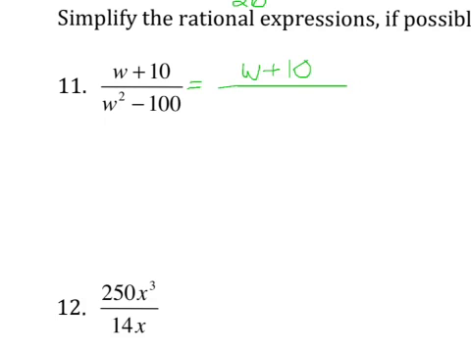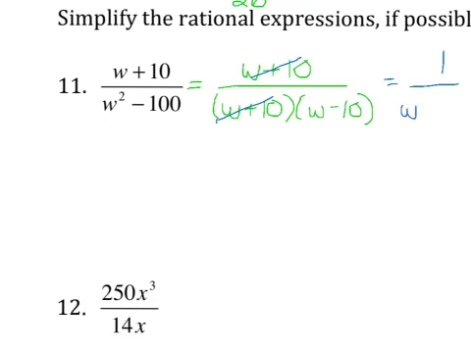And since this is a difference of two squares, it factors into w plus 10 and w minus 10. And our w plus 10s cancel out. Remember, if the entire numerator cancels out, it's really a 1 left on top. So we're left with 1 over w minus 10.